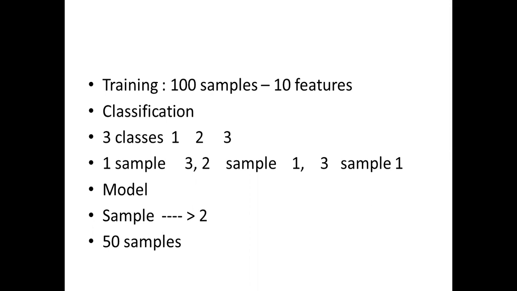If I'm getting the correct class, it means that my model is working properly. If I designed my model and for the first sample, whose actual class is third, it is giving me first or second other than three, then I can say that my model is not working properly.